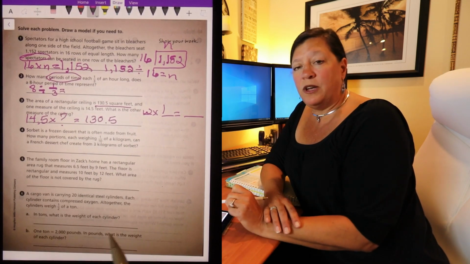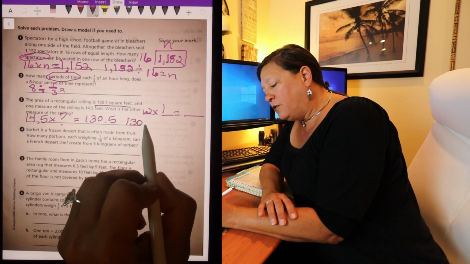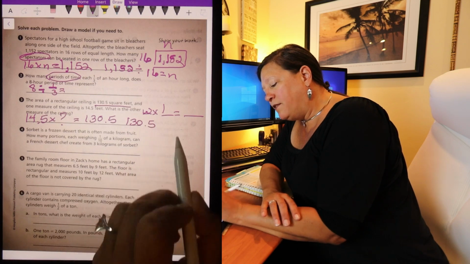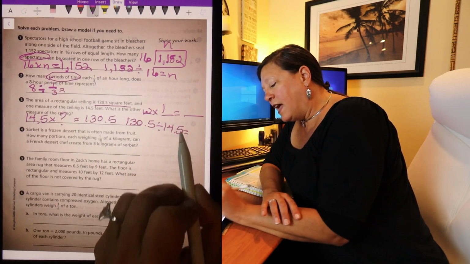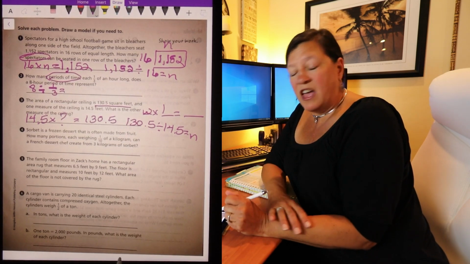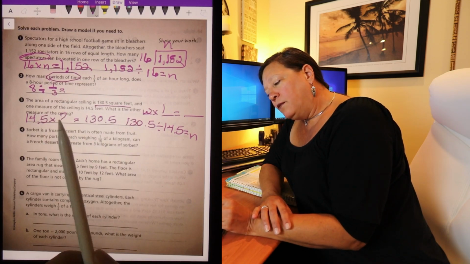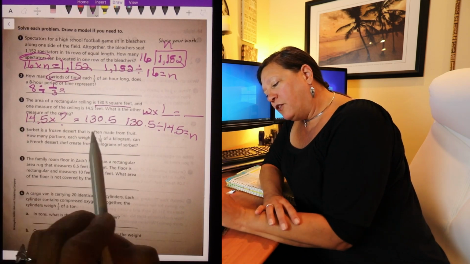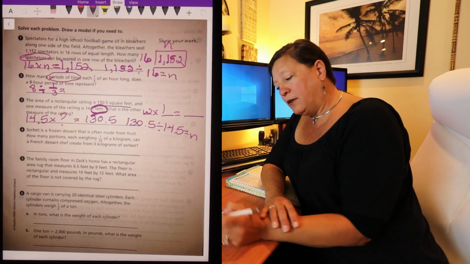So that is our situation equation. But to solve that, we need a solution equation of 130.5 divided by 14.5, and that is going to give us our unknown. We use n just because it's an unknown number. And what is the other measurement? Then we have to look back, what is our label? It's measured in feet, so that's going to be your label for that one.